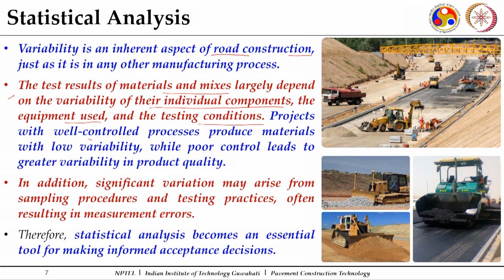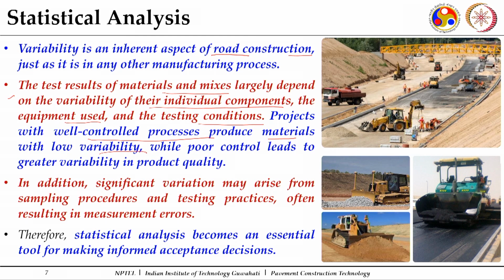Projects with well controlled processes, that's why it is very important we do all exercises so that the process for reaching that particular work or product is a well controlled one, so that we can produce materials with low variability. We will try to take all measures so that less variability is there.